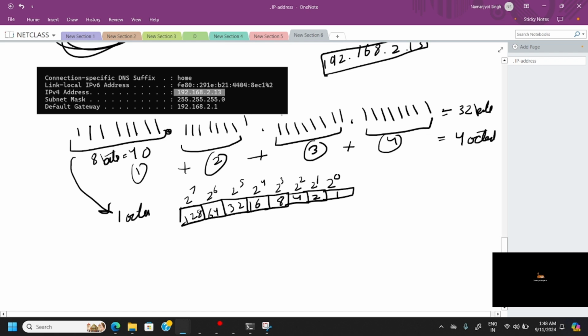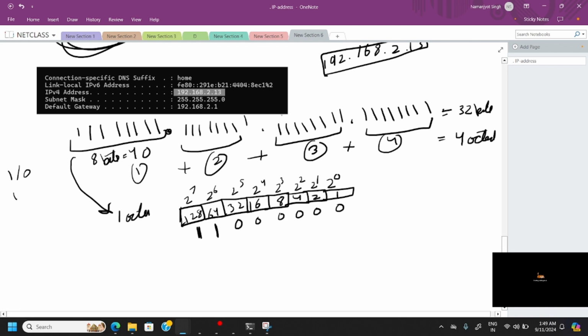When we say a bit is either 1 or 0, we say the bit is either on or off. If the bit is 1, it has a value, and if it is 0, it does not. Let's say we have 8 bits and we set these two bits to 1, and all other bits are zeros.